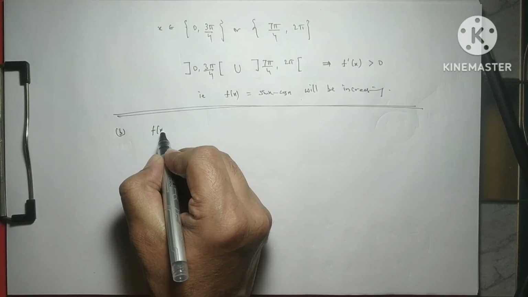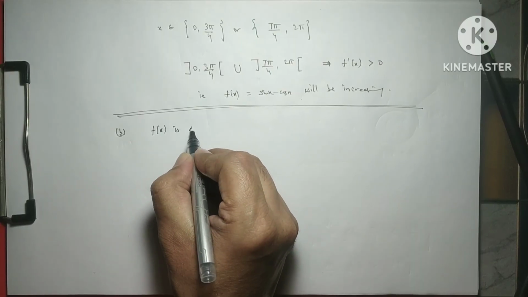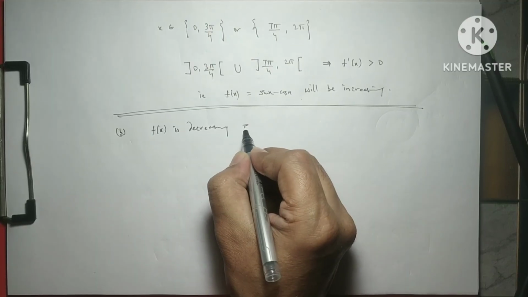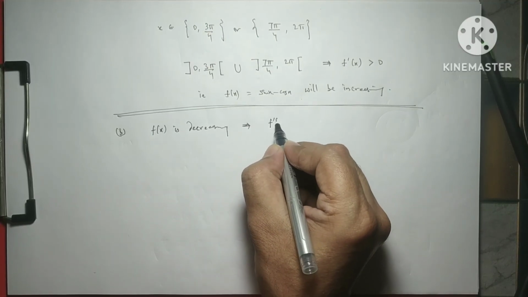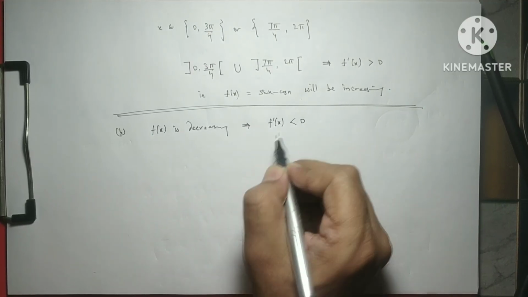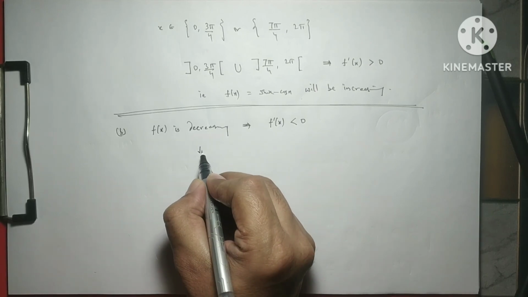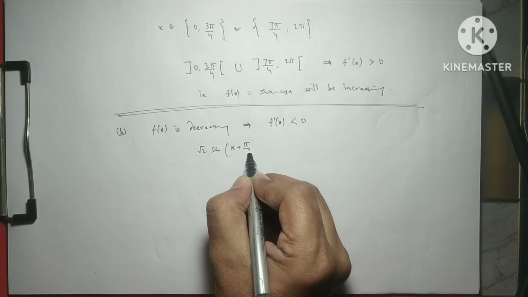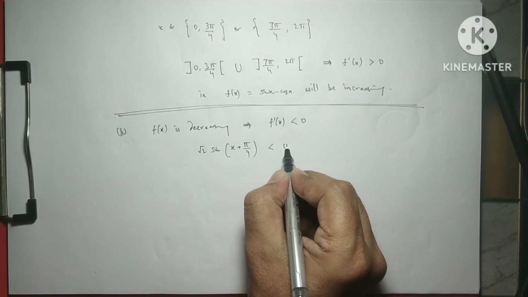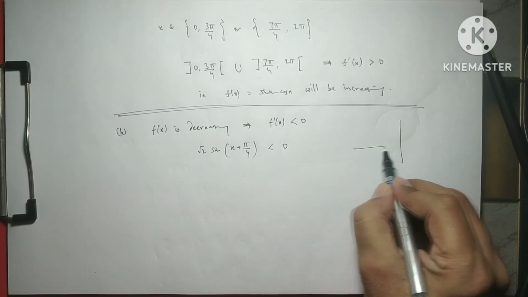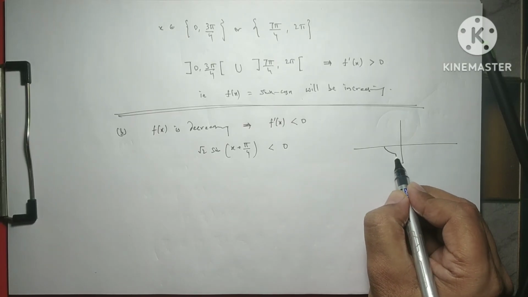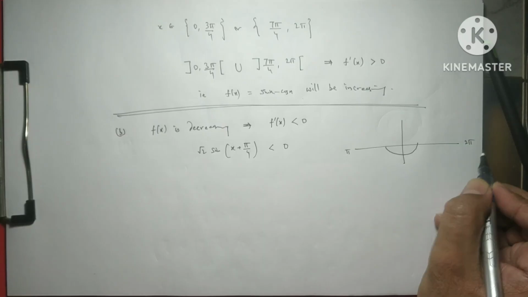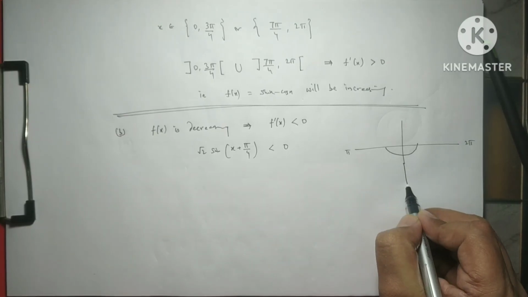So fx is decreasing, and for checking this we have the condition f dash x less than 0, means root 2 sin of x plus pi by 4 should be negative, and according to this, in the range pi to 2 pi, the sine function is negative.